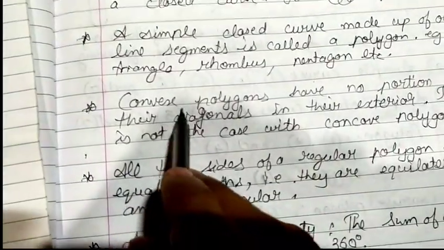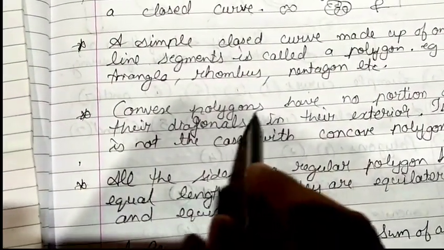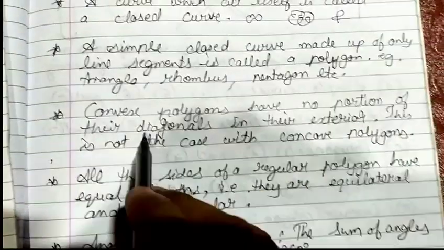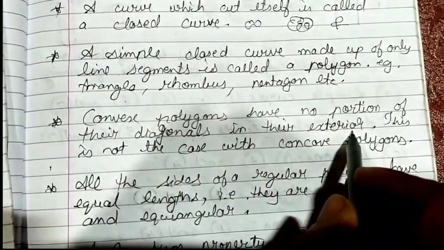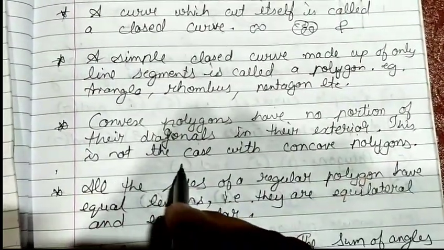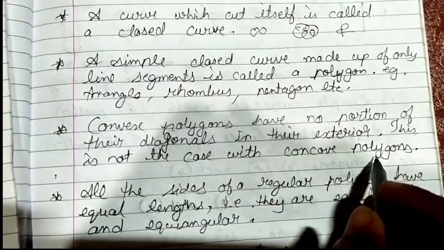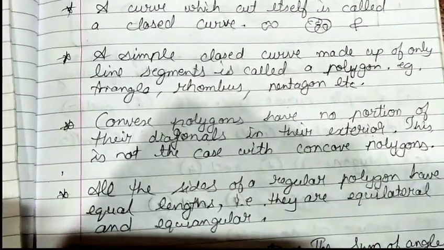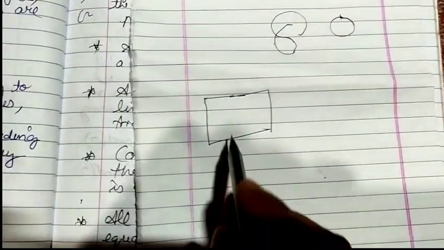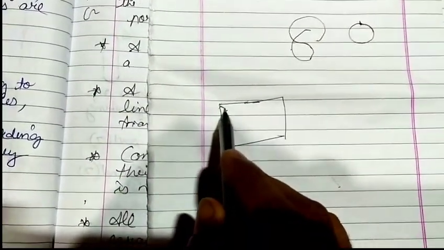Now, a convex polygon has no portion of its diagonal in its exterior. This is not the case with a concave polygon. Now, dear student, let me explain what is concave and convex. Take for example, if I am drawing one figure over here of a quadrilateral, whose diagonal is over here and another diagonal is over here.